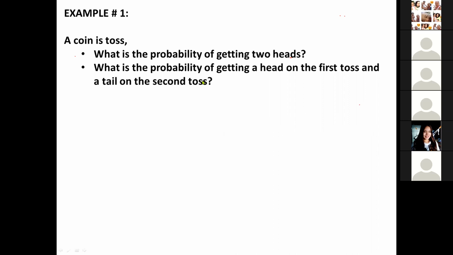One-fourth po. 1/4. Okay. So kung sabi ni Jeline, 1/4, no? Mamaya makikita natin. So probability of getting 2 heads. So siguro kung dalawang toss yan, first toss, head, pwede namang head tail yan.